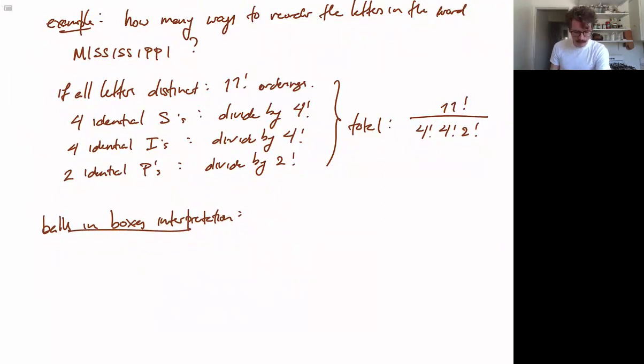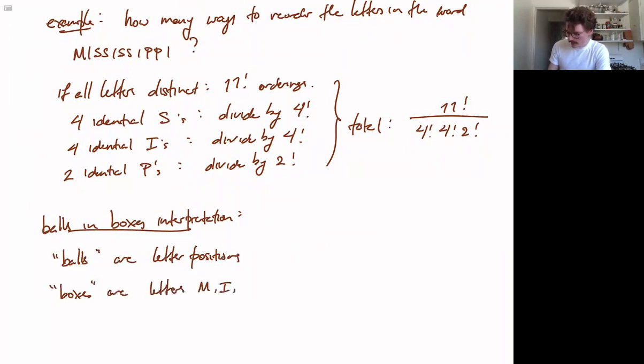So in this case, and again, I think this should remind you of the ones and zeros we did yesterday, the balls are letter positions, and the boxes are the letters M, I, S, and P. So just to give a quick explanation of this, for example, letter positions 1, 2, up to 11.